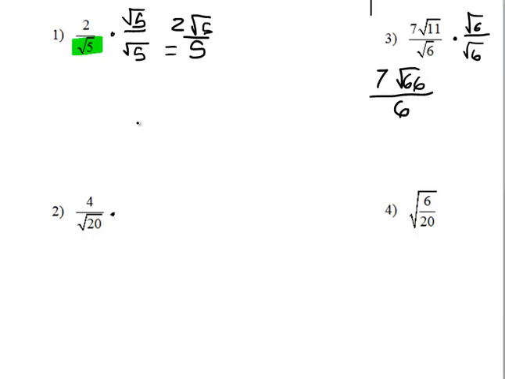Here, with this one, we're going to look at taking care of the square root of 20. So to make that go away, I'll multiply it by itself, and I'll multiply the numerator by the square root of 20. So I end up with 4 square root 20 over 20.